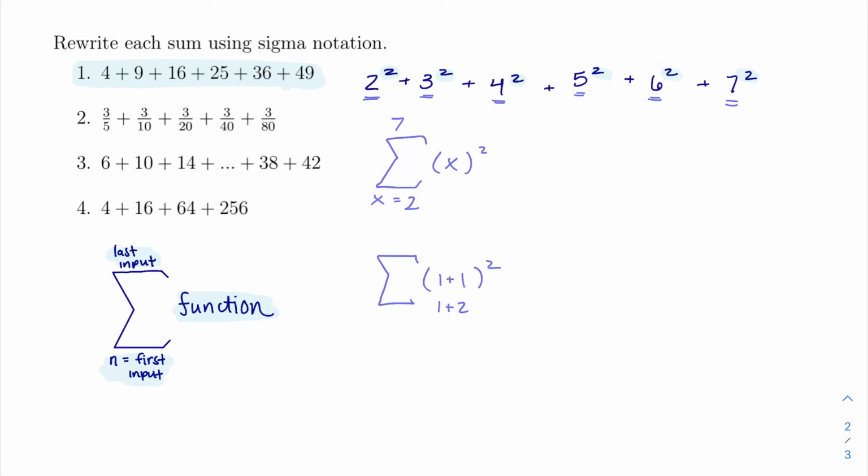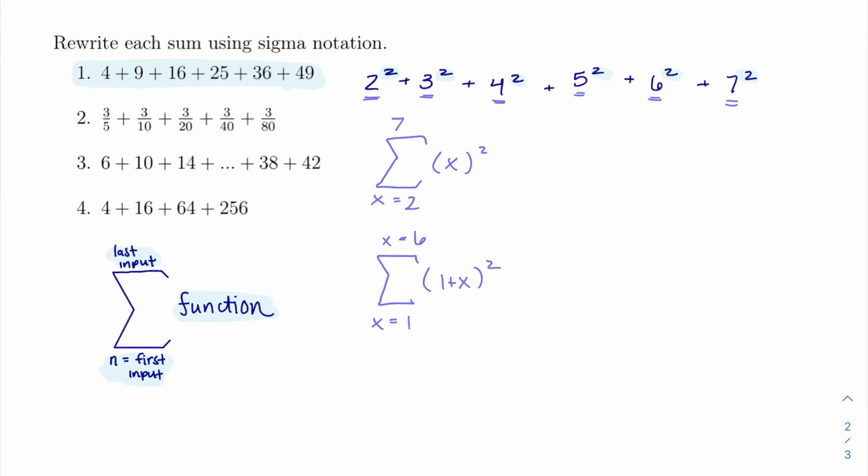Well, that would work, but then you're not keeping something constant, right? We need one thing going up in increments of 1 and the other thing staying constant. So we would have to put 1 plus x here, x equals 1 to x equals 6, because 6 plus 1 squared is 7. Okay, there are even more ways than just this that you could write it.